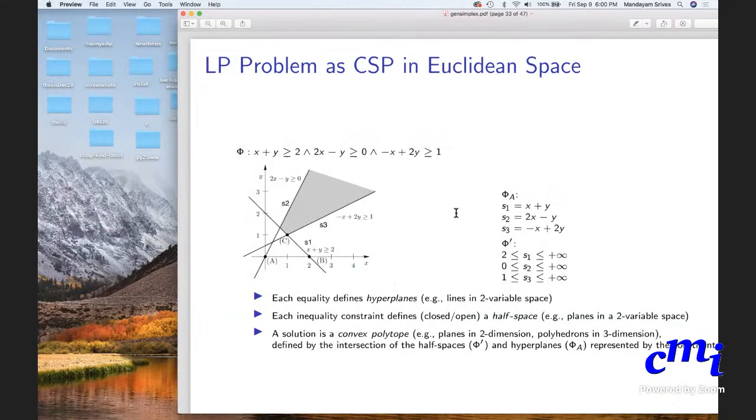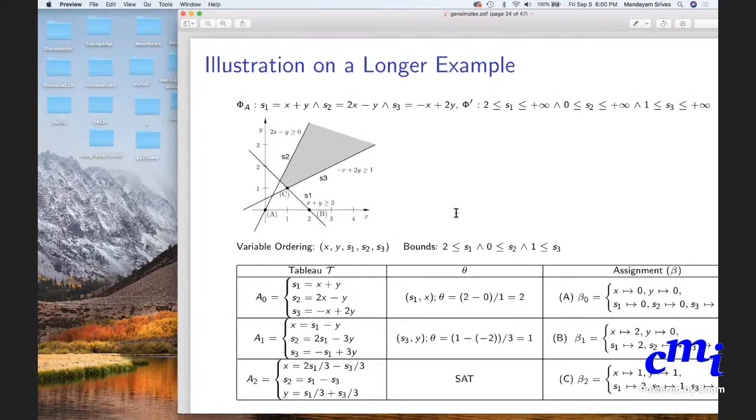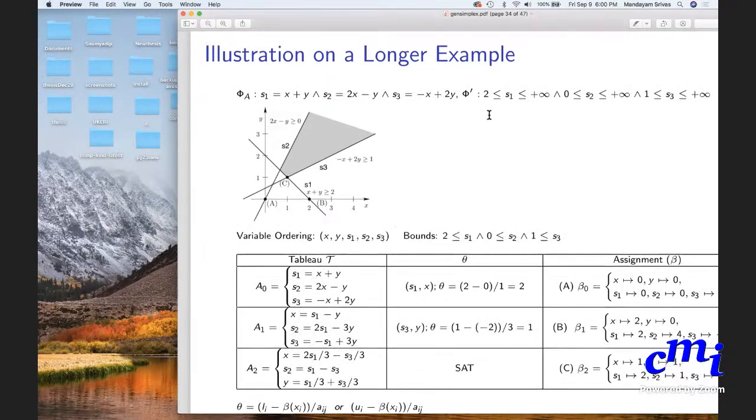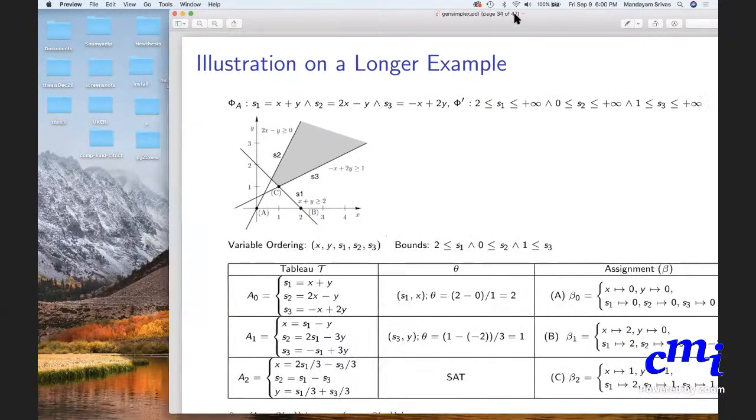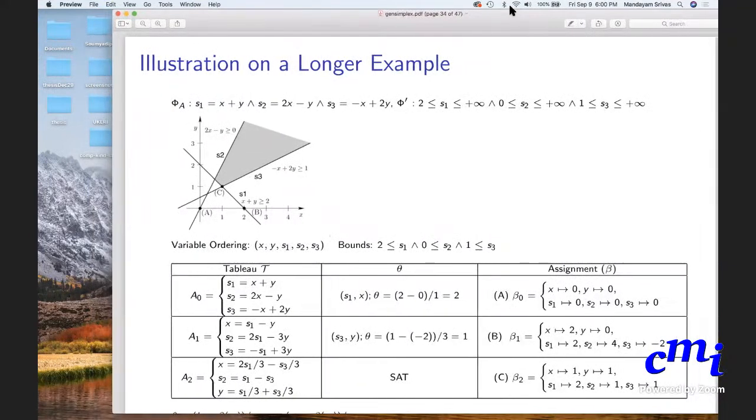Okay, so let's look at how this works on an example to illustrate the procedure. Here is the set of equations.